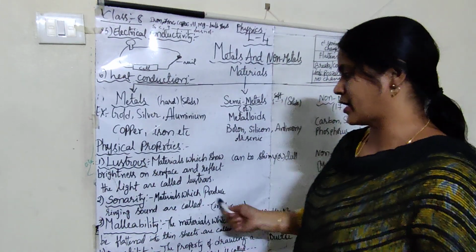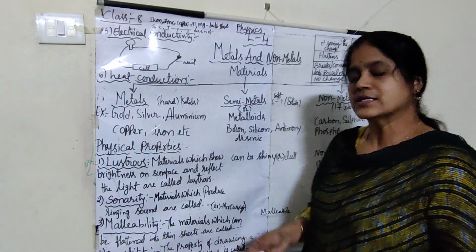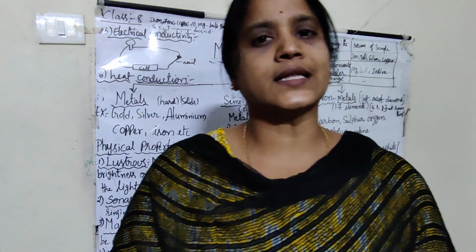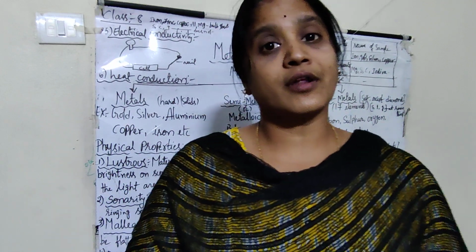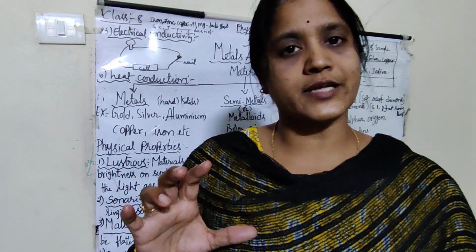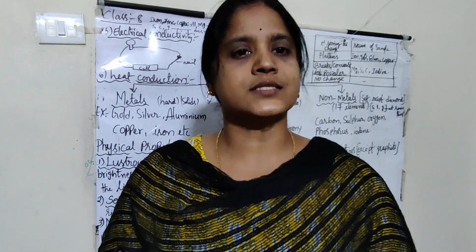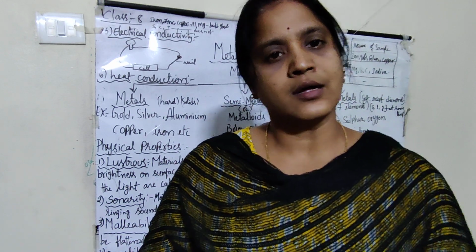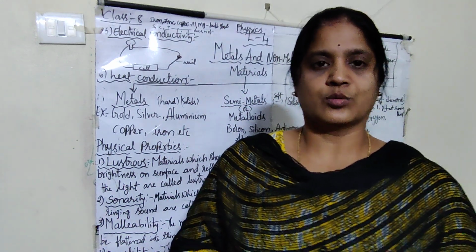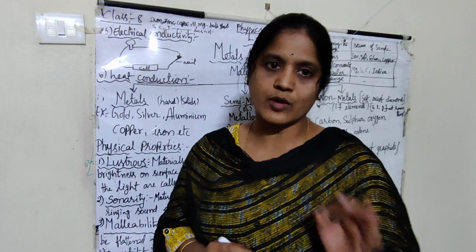Now coming to sonority. See mercury, that we are using in thermometers. All the metals exist in the solid form, except one metal, that is mercury. You all know about this mercury that we use in thermometers. So this exists in the liquid form.